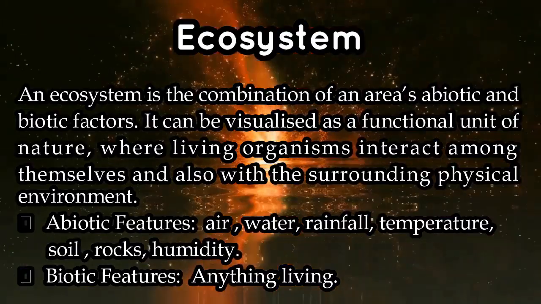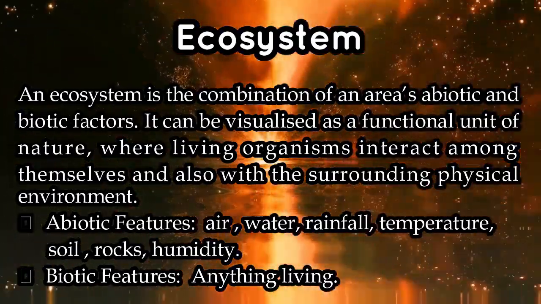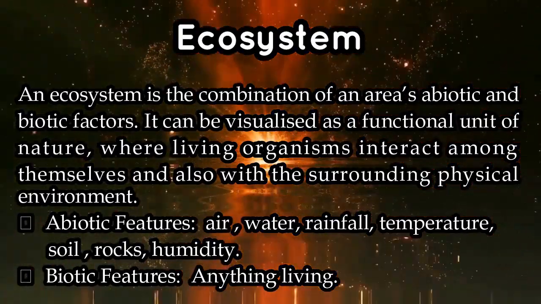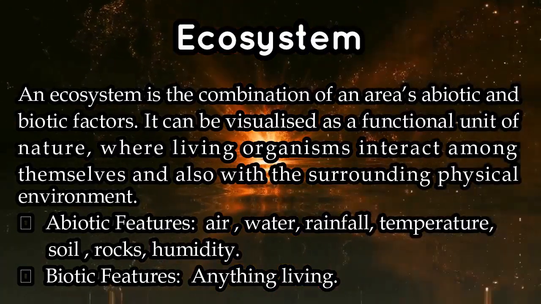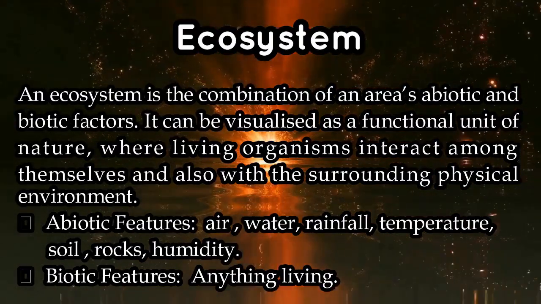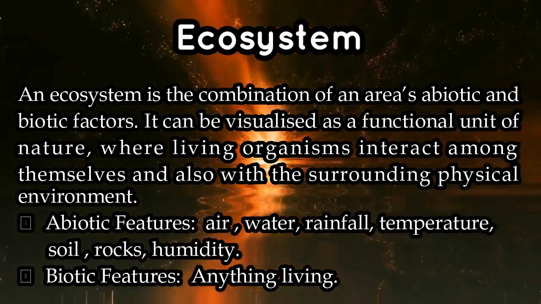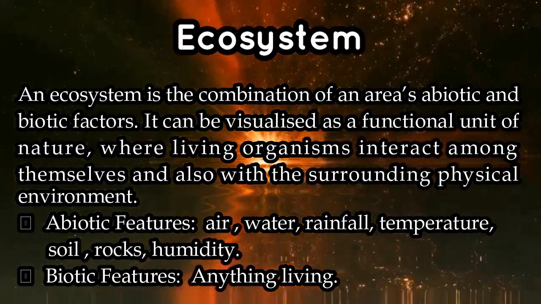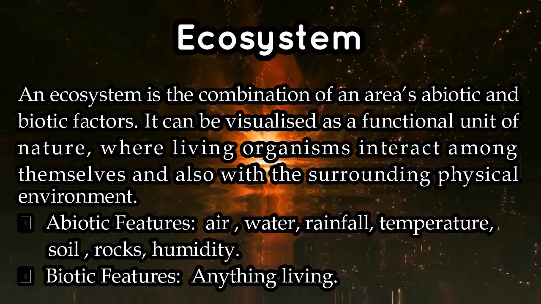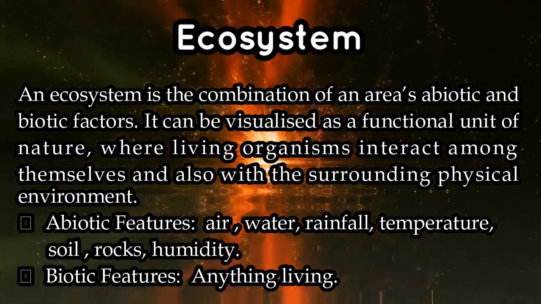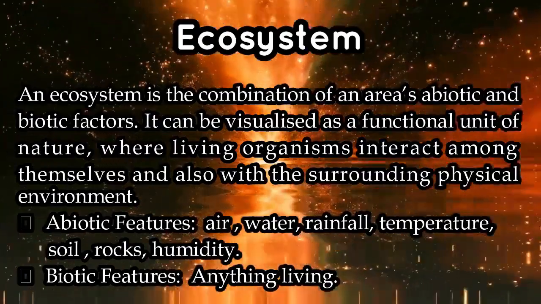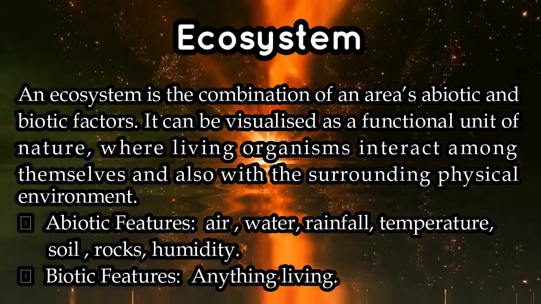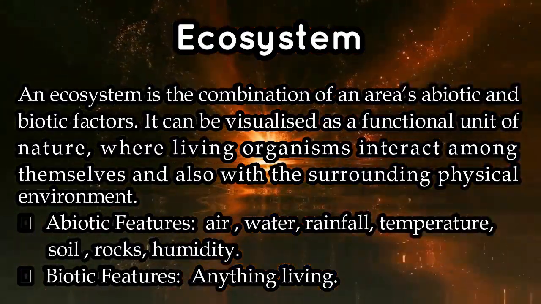Now these biotic factors can be further divided into several groups, that is producer and consumer. Producers have no division because producers are nothing but the green plants, but the consumers are again subdivided into 3-4 categories: primary consumers, secondary consumers, tertiary consumers.